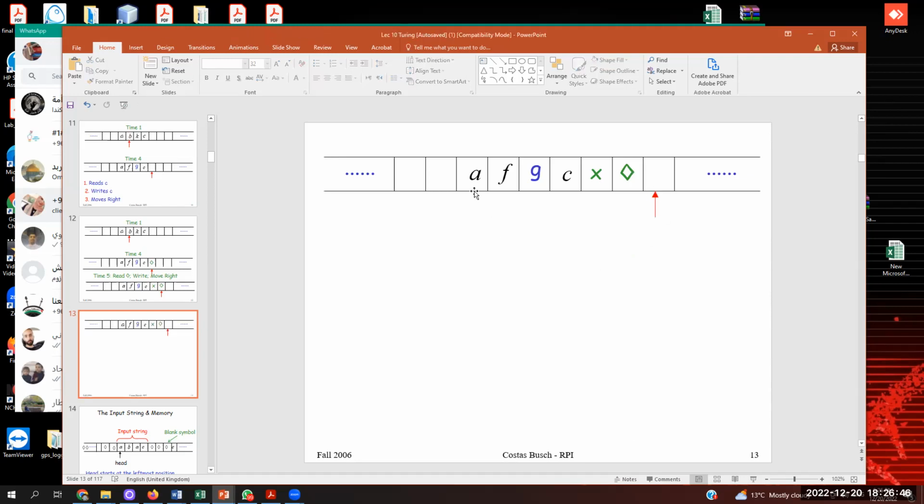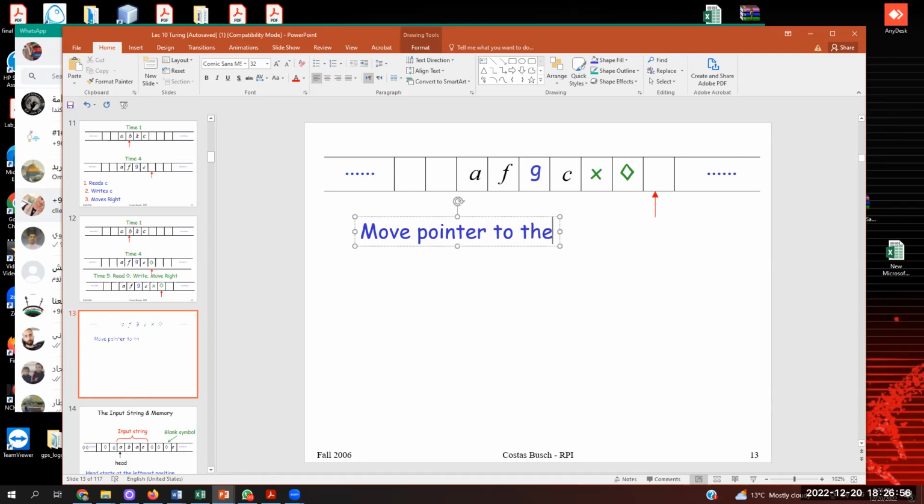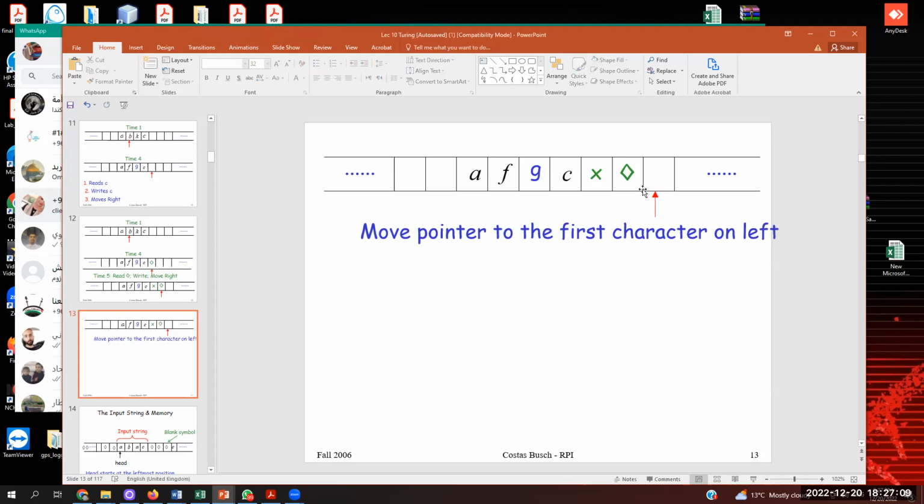So my question is: move pointer to the first character on left, which means I want to move my pointer right here.